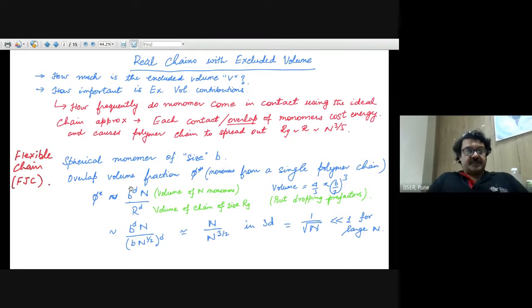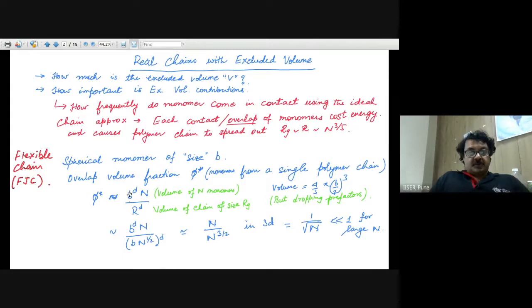For that, we calculate phi star, the overlap volume fraction, from the volume of each monomer times n monomers. Each monomer has a volume estimate of 4 pi by 3 b cubed, where b is the size of the monomer. We are dropping all the prefactors, 4 pi by 3, so it's b to the power d, d being the dimension; if it is 3 dimensions, then d is 3.